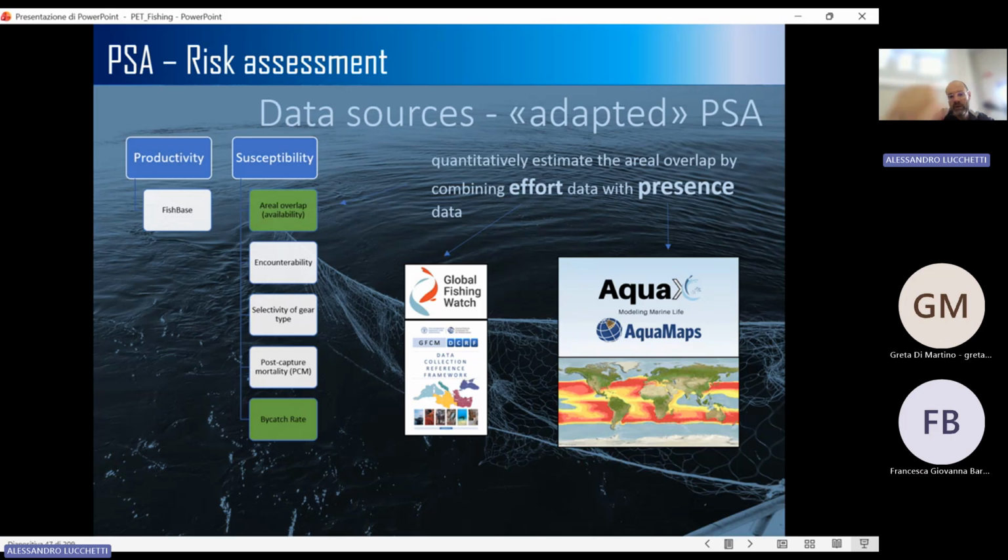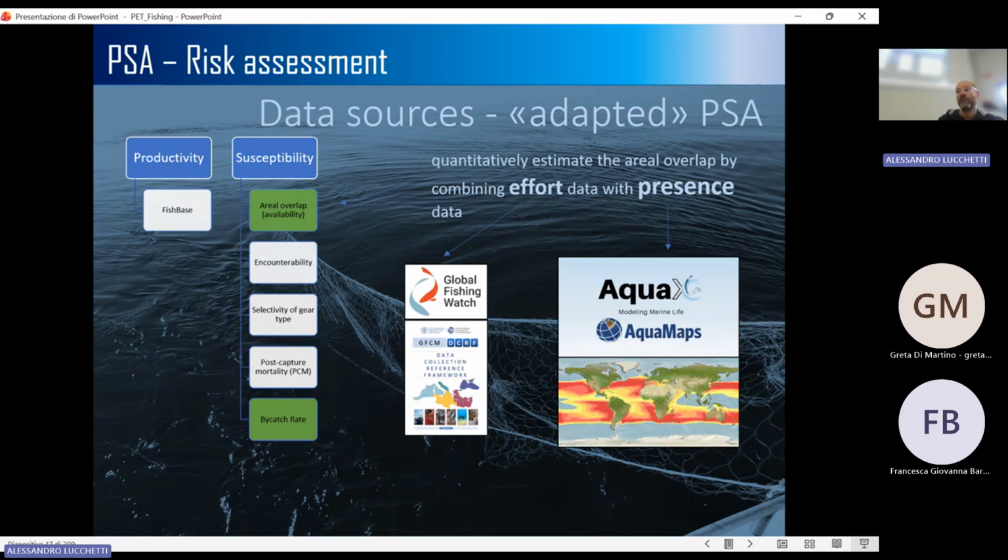For the effort, you have other possibilities. Probably here there are people more skilled than me on this, but there are several different sources of data for the effort. Speaking about bottom trawling and bigger vessels, the main problem is about the coastal fisheries, where you don't have so much information from the AIS, Automatic Identification System, and other sources.